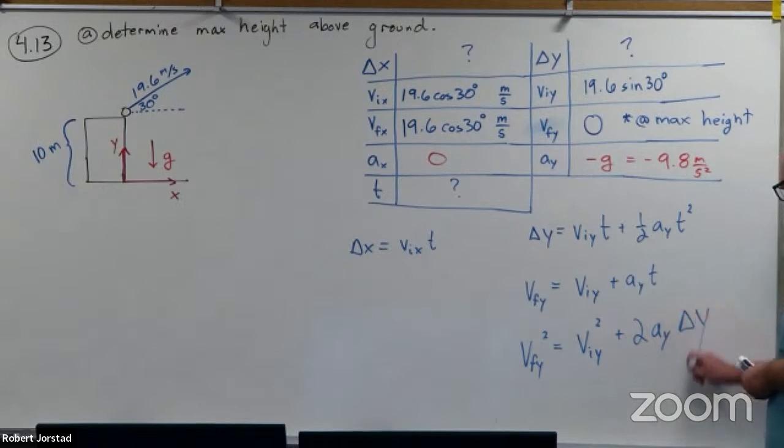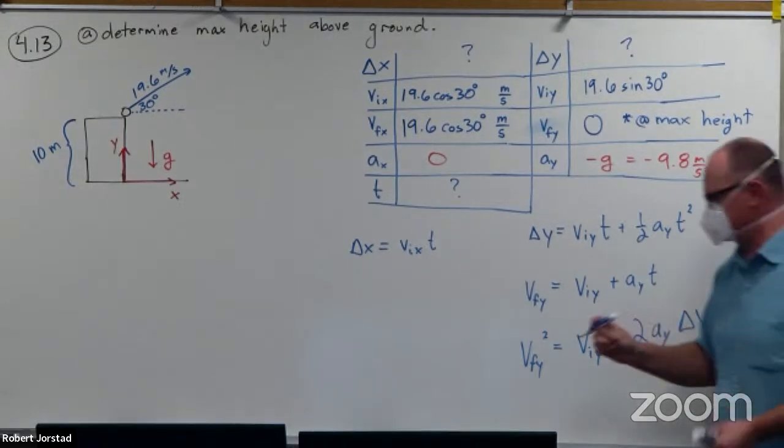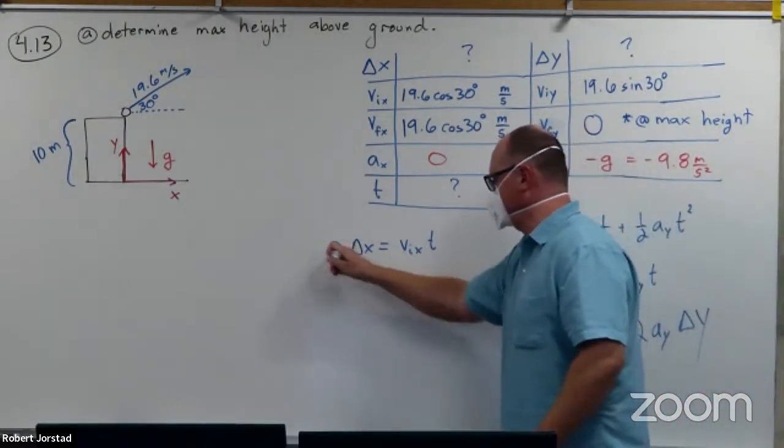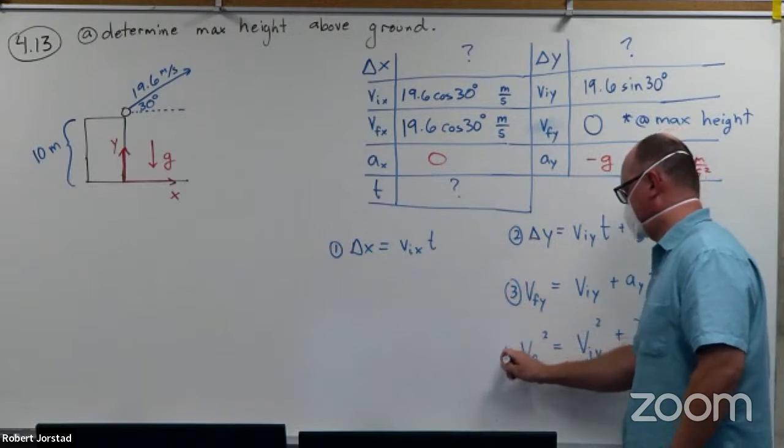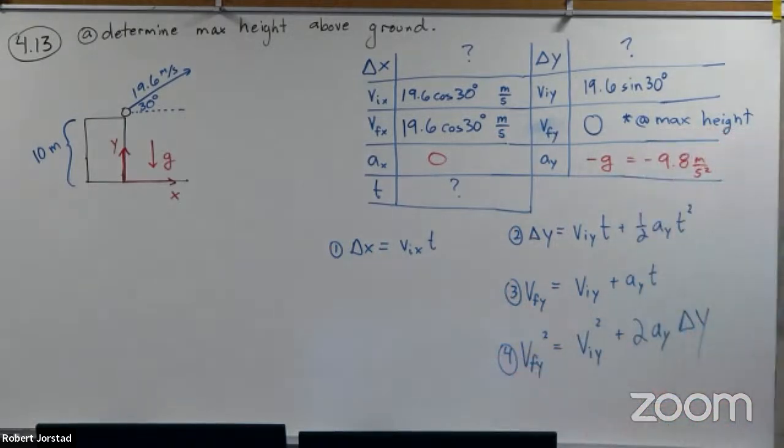Now look, which one of these equations is going to get the job done? If I number them, there's equation 1, 2, 3, and 4. We're trying to learn about max height above the ground. Which equation can help us get there in one step? You said the third one.